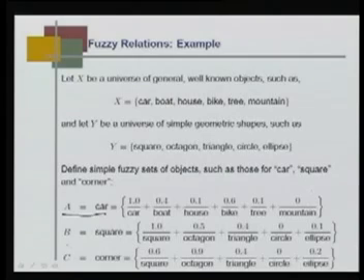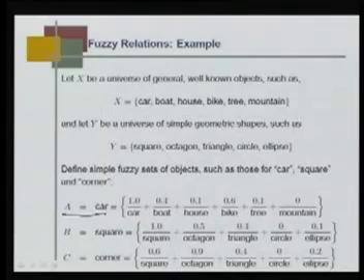Similarly, I look at the various geometries and I want to infer whether the geometry is a square. If I am looking at an actual square, the fuzzy membership is 1. If it is an octagon, then it is 0.5, triangle 0.4, circle 0, ellipse 0.1. Now, the third is whether these geometric objects have corners.